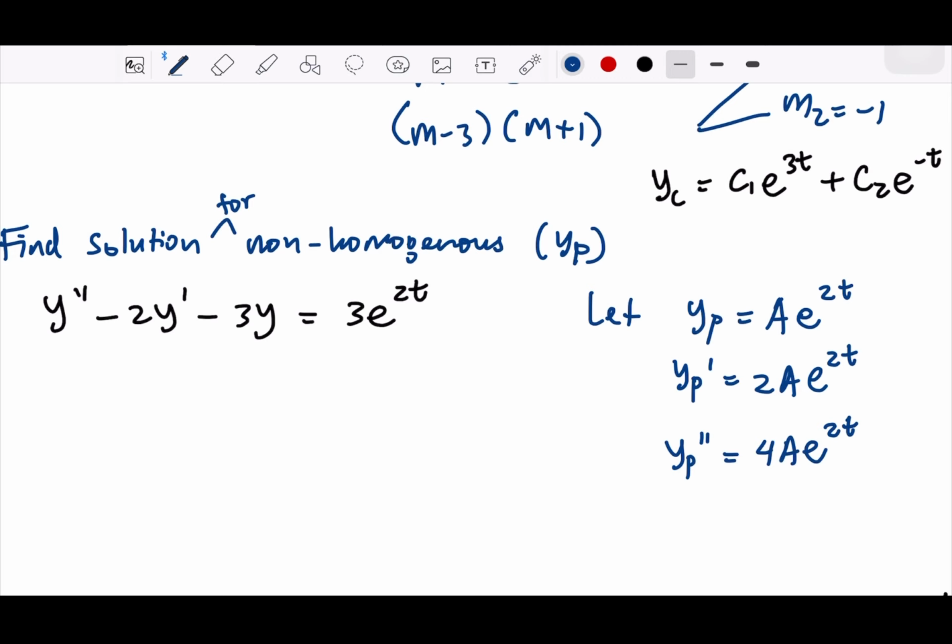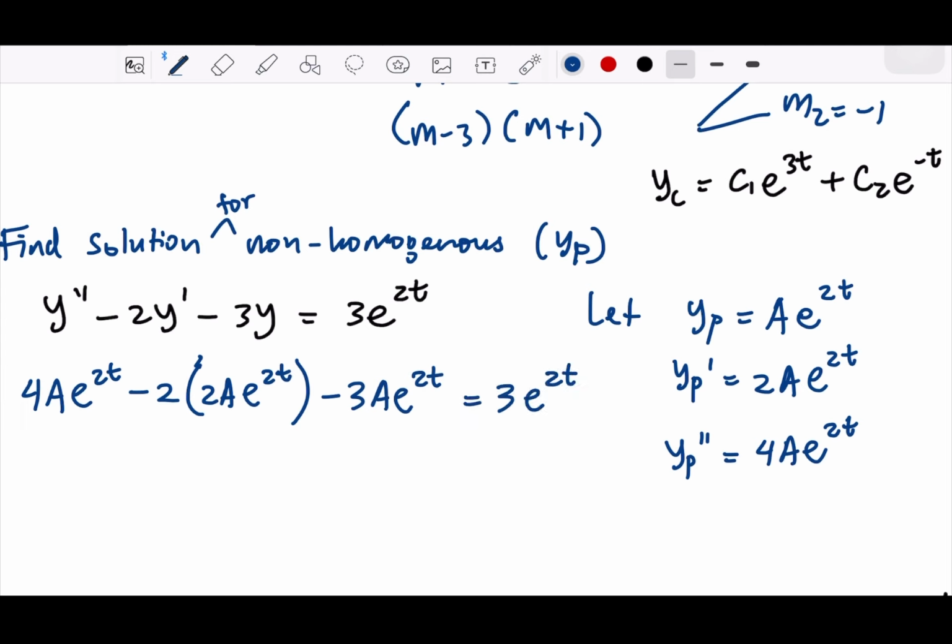Now we plug in all these things. So we plug in 4a e with power of 2t, minus 2 times 2a e power of 2t, and then negative 3a e 2t. We see that we are going to cancel this out, right? And this negative 3a e 2t is going to have a similar form, so we could find this a.